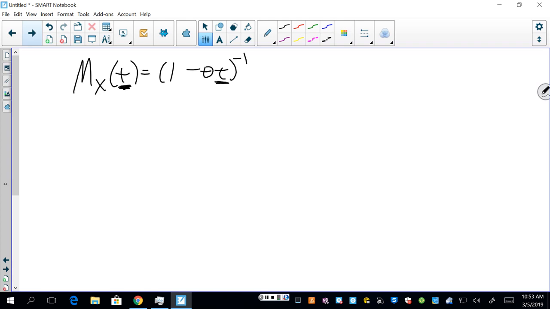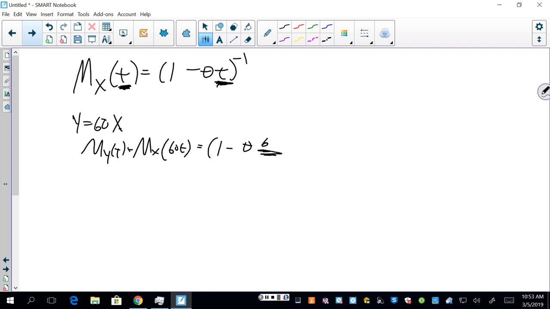So if we multiply by 60, 60 times x, then the moment generating function of y is going to be the moment generating function of x with 60t plugged into there. And so in this spot here, I'm just going to have my 60t.